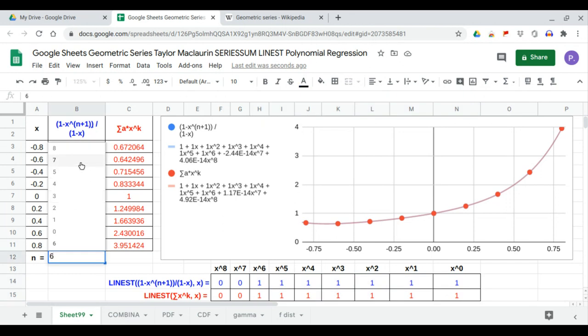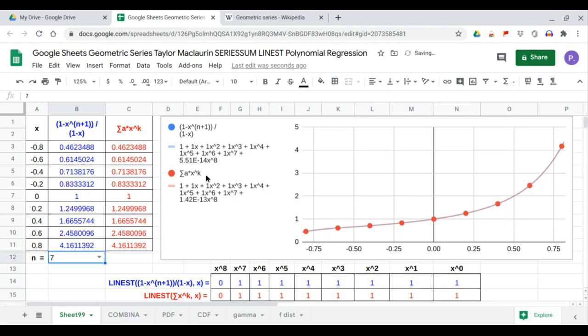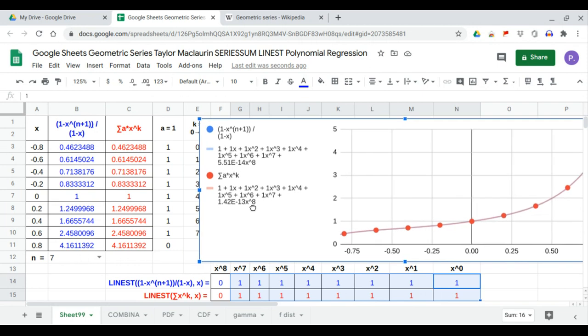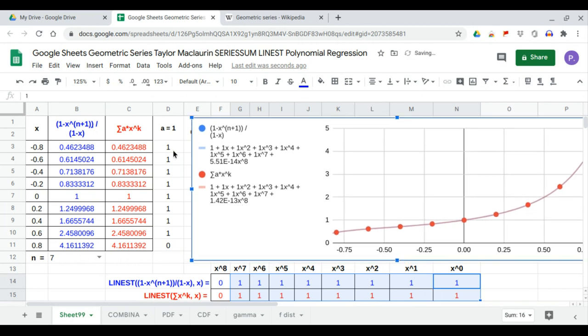At n equals 7, our polynomial is 1 plus x plus x squared plus x cubed plus x to the fourth, x to the fifth, x to the sixth, x to the seventh. Same thing with this. I think our expansion coefficients also match.